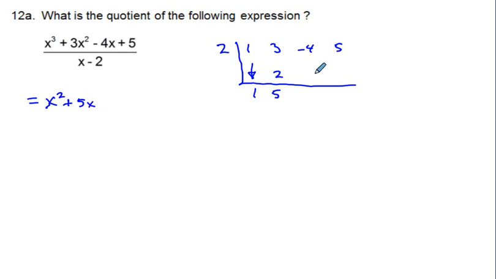And then 2 times 5 is 10. Negative 4 plus 10 is 6. 2 times 6 is 12. So we're going to have plus 6. And finally, 5 plus 12 is 17. So we have plus 17 over our divisor, which is x minus 2.